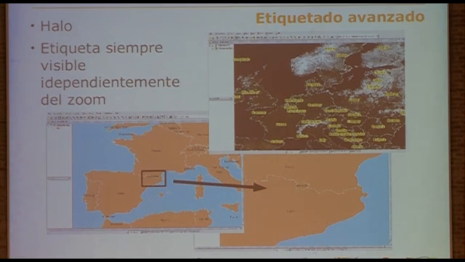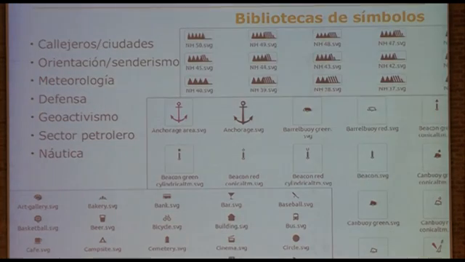If we were to zoom on Andorra, based on classical labeling, we would only see the label for Andorra. I don't know if you can see the picture clearly, but you would only see Andorra. But now, as you can see, we see the labels for France and Spain, the tags. This improves the browsing over the map quite a lot.